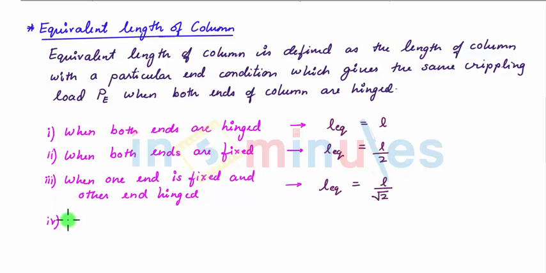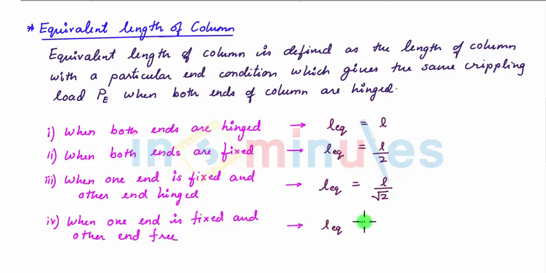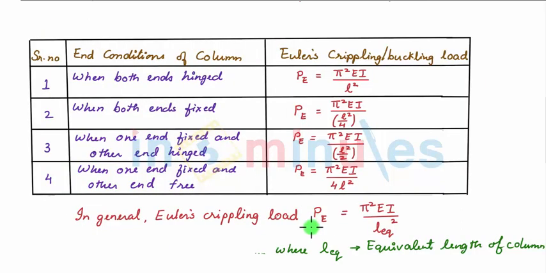And for the fourth and final end condition, when one end is fixed and the other end free, the equivalent length is 2L. So when we write the Euler's crippling load equation by substituting the L equivalent for a particular end condition, we get this relation.